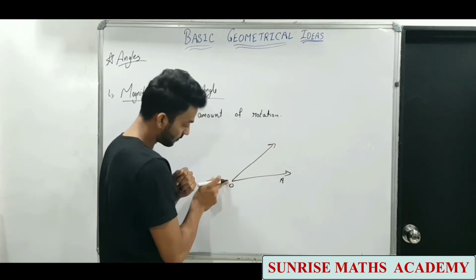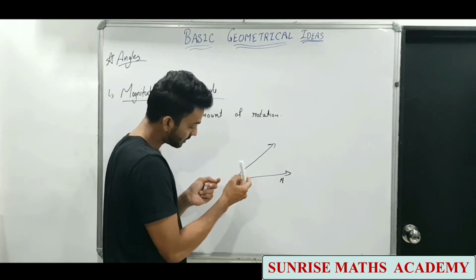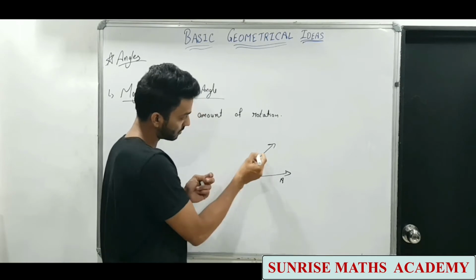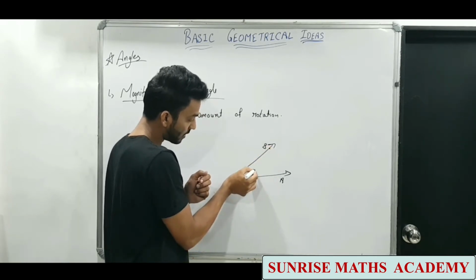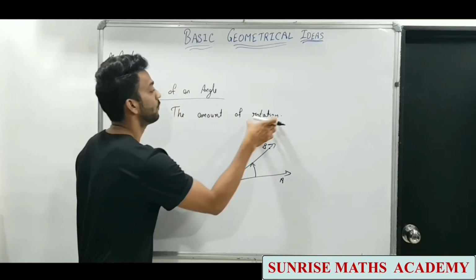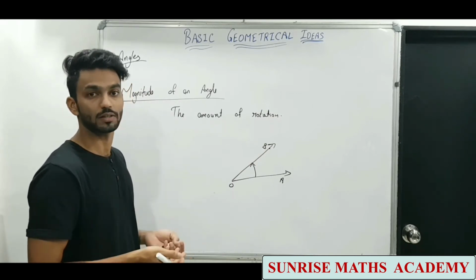This is the point, that is vertex, which we saw earlier. From this vertex point I rotated from OA to this ray, that is OB. So this rotation that has happened from here to here, that is the magnitude, the amount of rotation, that is the magnitude of an angle, which we can measure.